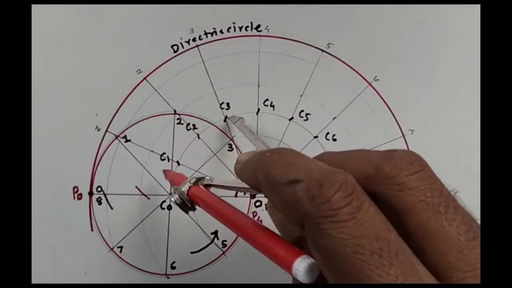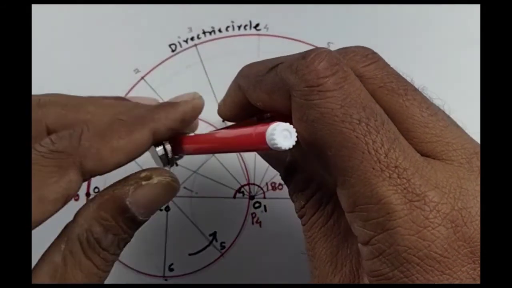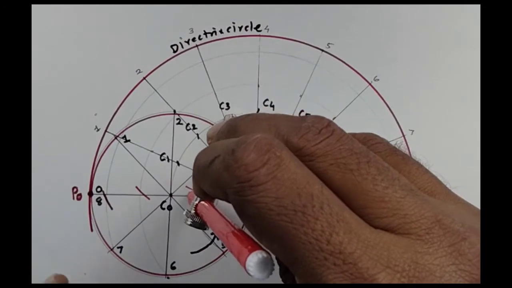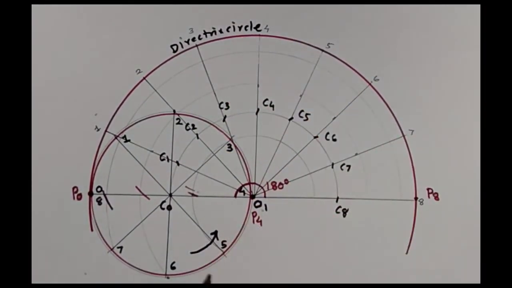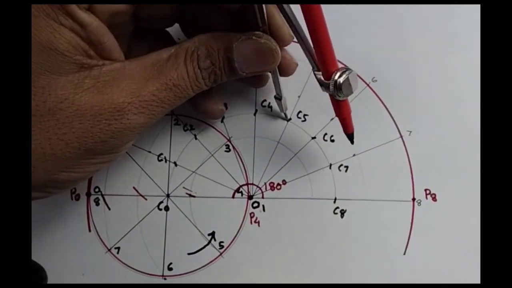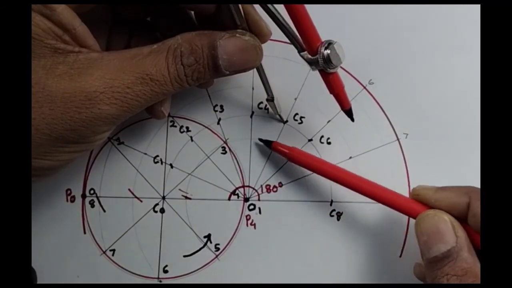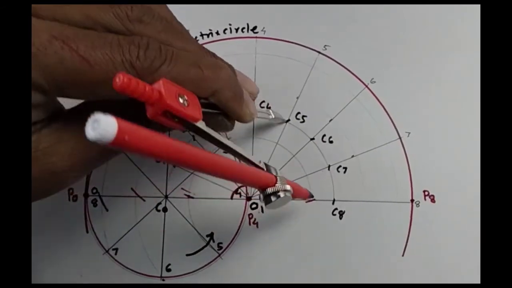C3 cuts exactly here on the 3 number circle. This is P4. Then you change your arc. C5 is the center, and you draw the arc on the 5 number circle, which is your 5 3 circle. So I draw the arc, and exactly I get the point here.